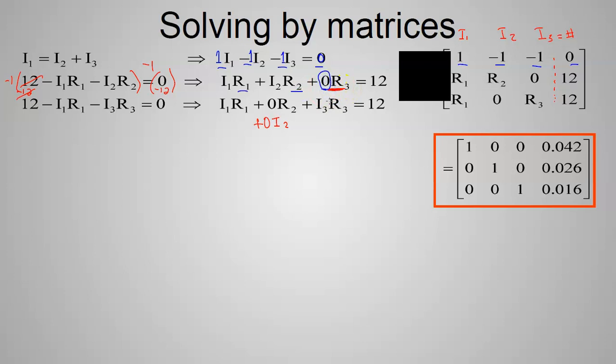Again, I think that should be the other way. And right there's a 12, so there's R1, R2, 0, 12, like that. And same thing down here. Just get the coefficients of I1, I2, and I3, put it in, put your constant right there. And what we want to do once we've got this in the matrix is to transform it to look like this.